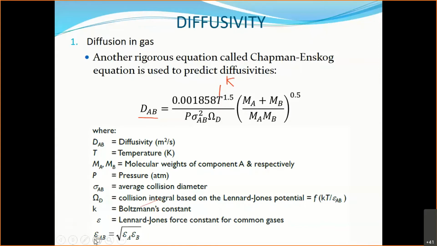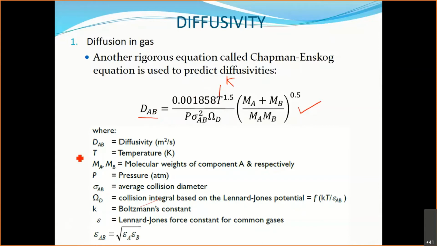In order for you to find phi AB, this is the formula. So we will be focusing on this equation, on how to get a diffusion coefficient for a system that has component A and component B. Based on this equation, we will use it to find the value of the diffusion coefficient.